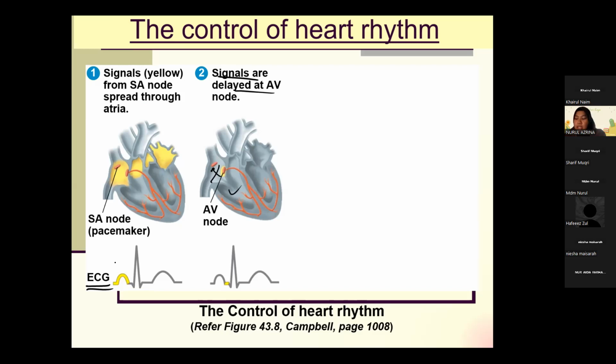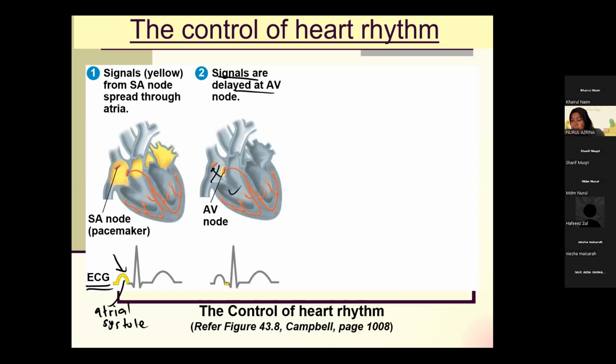Right. So for the first one, the first signal from the SA node spreads to the wall of the atria, and you will have this signal in the ECG. You will see there is a small peak, right? So this indicates atrial systole, or atrial contraction.